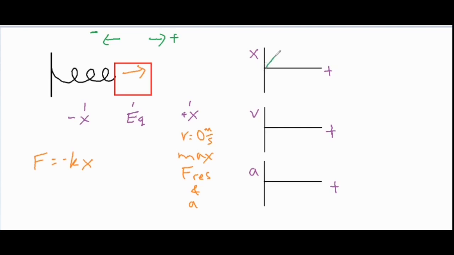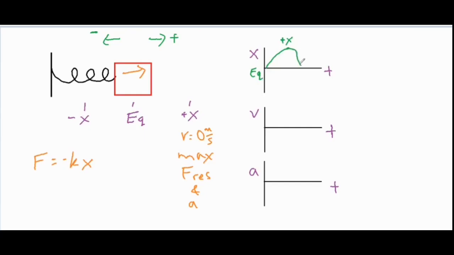So we're going to rise in the graph, and we're going to make our slope progressively more flat. And then that is going to be our positive x value from its equilibrium position. And then as it gets pulled backwards, remember it has its maximum amount of force over here. So it is going to move back steeply towards the other direction.